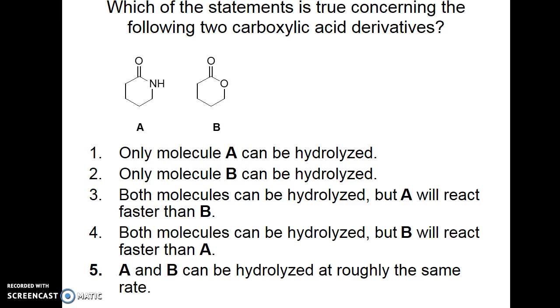Of course, no. Both can be hydrolyzed, but A will react faster than B. Amides are more resistant to hydrolysis than esters, so no, that is not true. Both molecules can be hydrolyzed, but B will react faster than A. Well, that is true. A and B can be hydrolyzed at roughly the same rate. Well, the ester is going to be slightly faster than the amide. So this is correct.